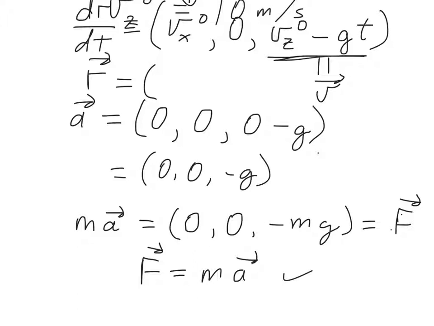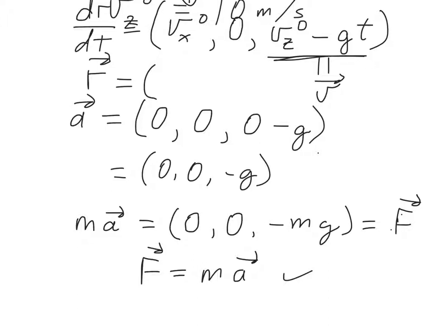Then you should be able to reproduce this, and also use this solution with the presumed initial values of Vx0 and Vz0 to find the time at which the particle returns to the ground. The particle has an initial upward motion and an initial motion in the x direction.